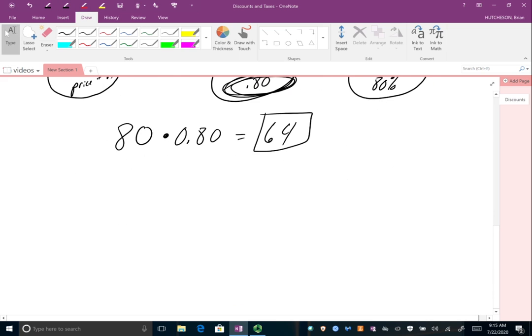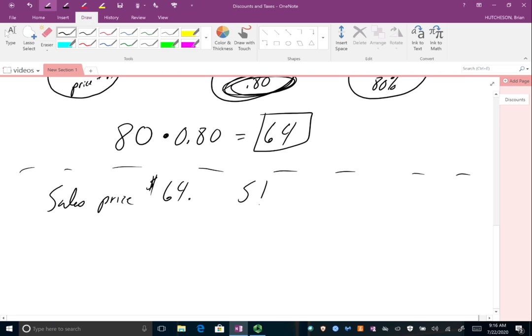So you're at your favorite store, and we know that the sales price of your favorite shirt is now $64. Of course, you're going to buy it. And let's say that state tax is 5%. So you're not going to walk out of the store for just 64 bucks.